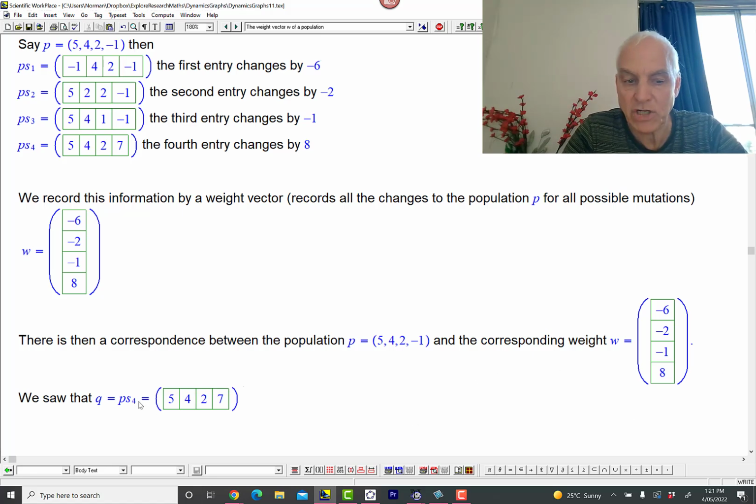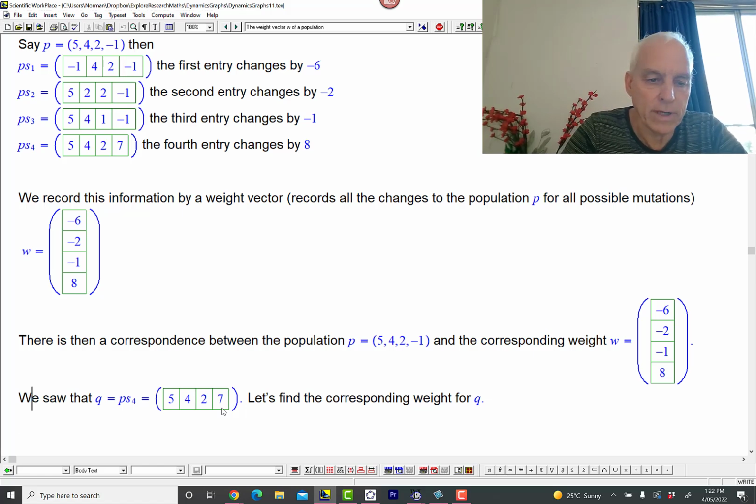If we apply the mutation S4 to P, we end up with this population. Let's call it Q. Let's now calculate what the associated weight is for this Q. This is a fun calculation. Let's find the corresponding weight for Q.